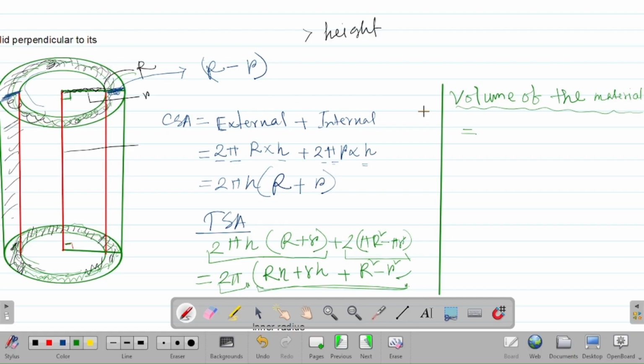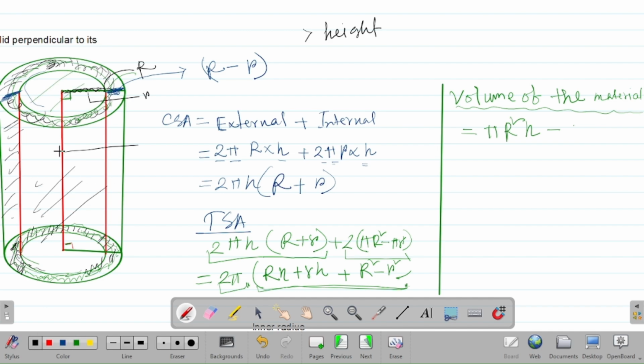The outer volume of the cylinder would be pi capital R square multiplied by h, minus the hollow volume.